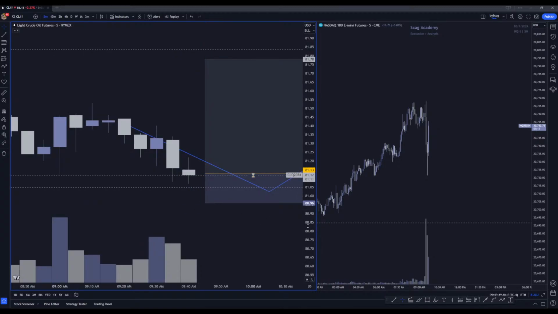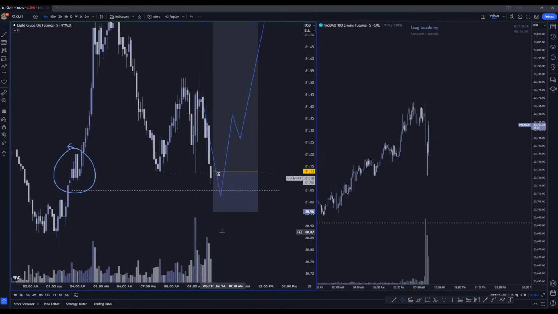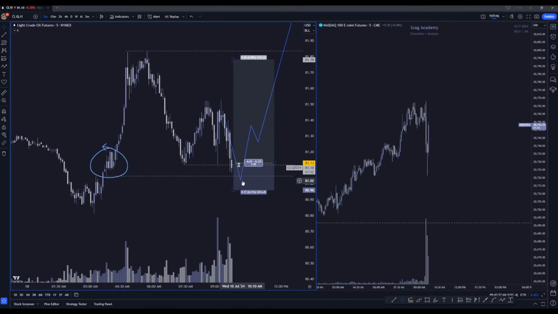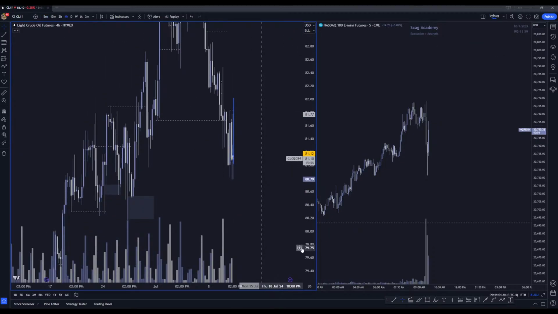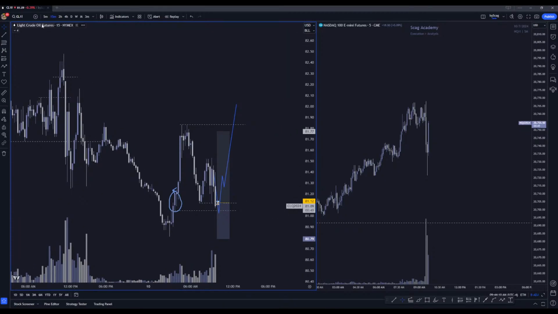Whoops, let me switch this back for you guys. The thing is though, I don't know if I like the risk to reward to that low. Like a 1 to, yeah, I like that. Yeah, I'm gonna give this some time.